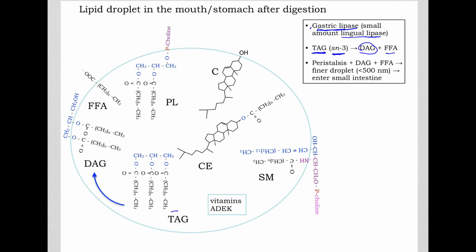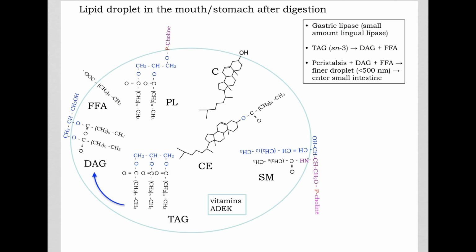So if this is a triacylglycerol or triglyceride, you would have a break at the last carbon here, and you would have a fatty acid released, this one here, and then the rest of this molecule will be diacylglycerol.